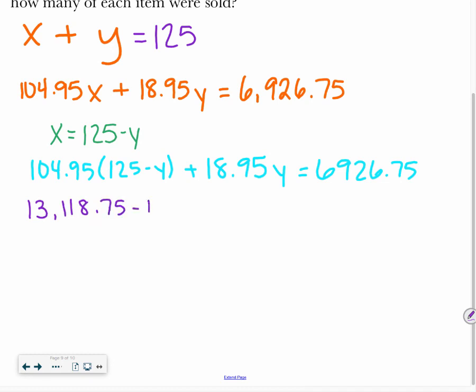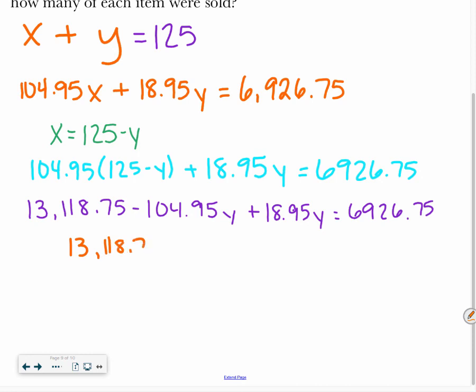If I distribute and get rid of my parentheses, I'm left with 13,118.75 minus 104.95Y plus 18.95Y equals our total. If I go ahead and combine some like terms, I have 13,118.75 minus 86Y equals our total.